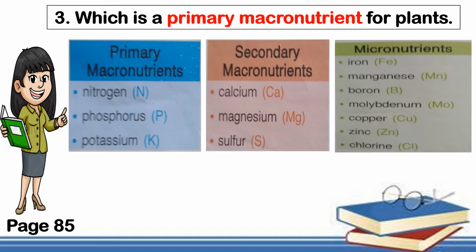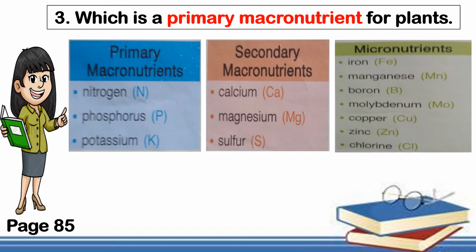Micronutrients are iron, manganese, boron, molybdenum, copper, zinc, and chlorine. Which is a primary macronutrient for plants?